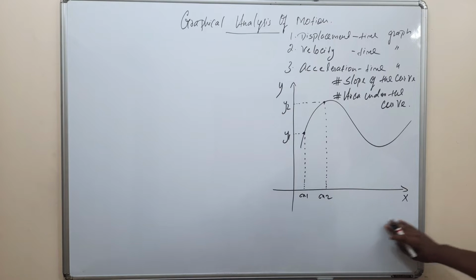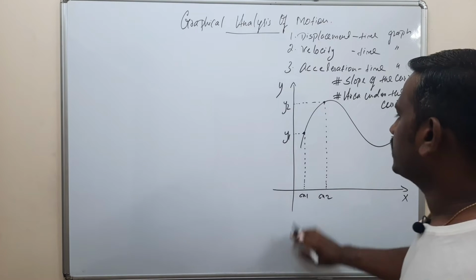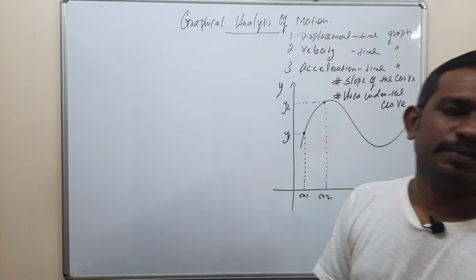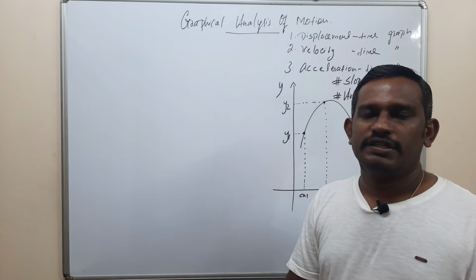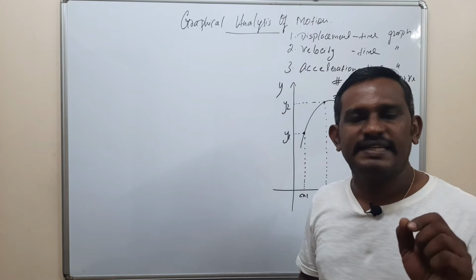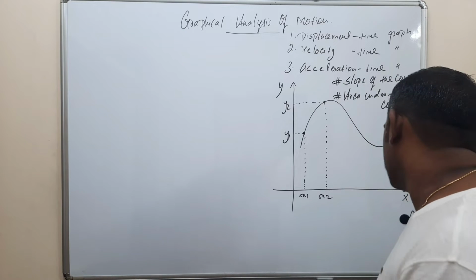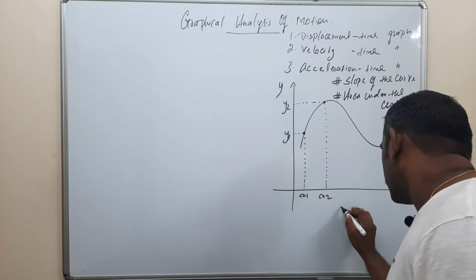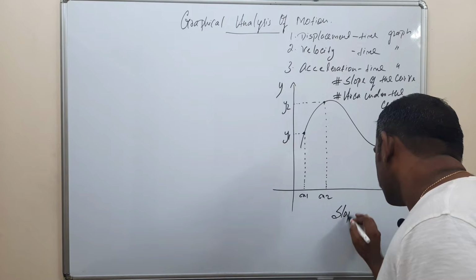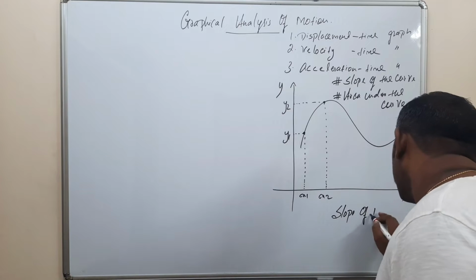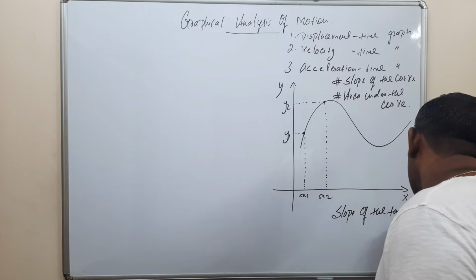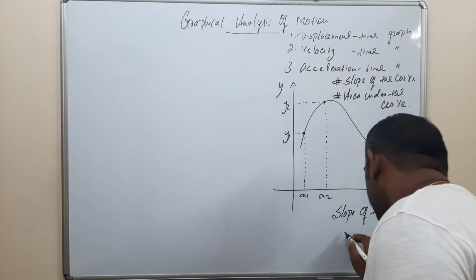What is slope of the curve? Slope of the curve at a particular point is nothing but the slope of the tangent at that point.